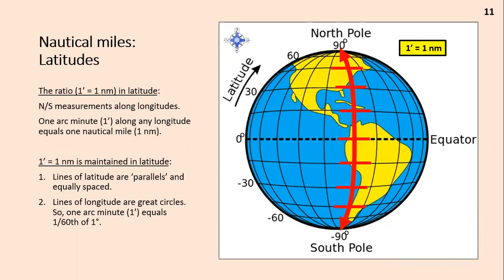This is because lines of latitude are parallels and are equally spaced. Lines of longitude are great circles, so the measurements along any line of longitude traveling north-south will equal 1 arc minute, or 1 arc minute equals 1 nautical mile, again because lines of latitude are equally spaced.